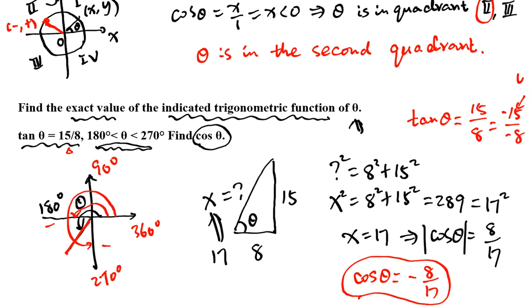So tangent theta is positive in quadrants 1 and 3. Tangent theta is negative in quadrants 2 and 4, which is different from sine and cosine.